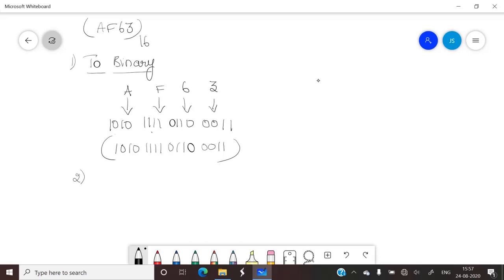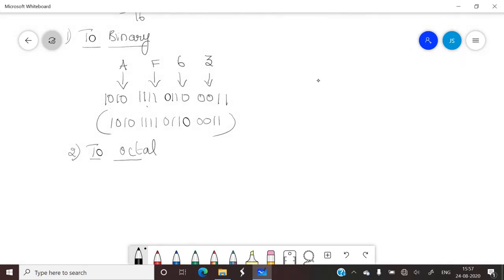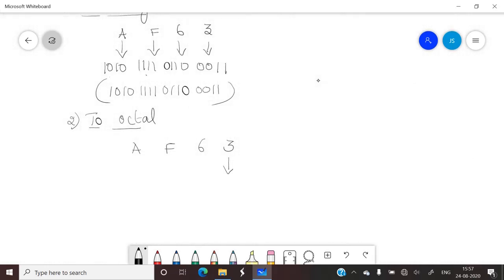Now to convert it to octal, we do the same thing. A, F, 6, 3. Let's write the 4-bit binary equivalents: 0011, 0110, F is 1111 and A is 1010.